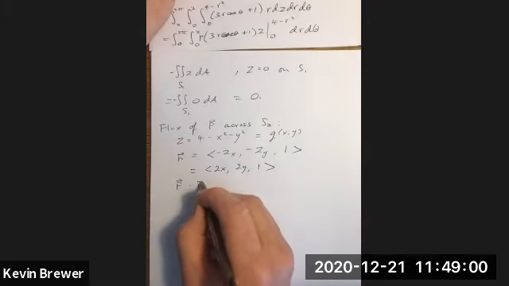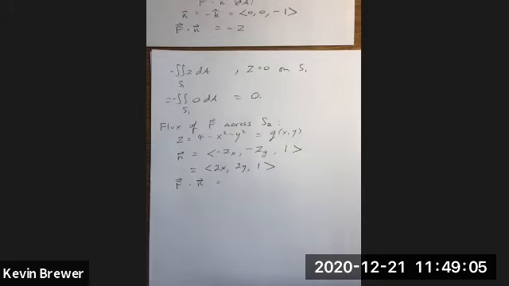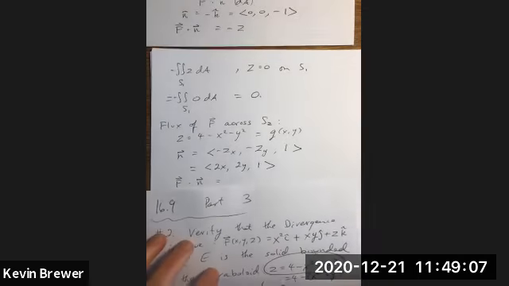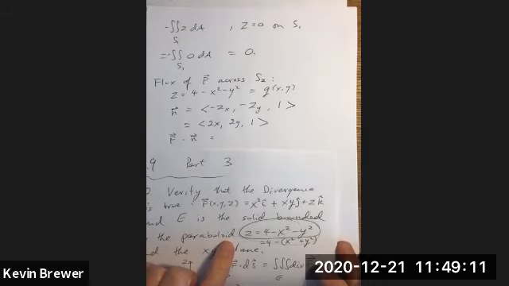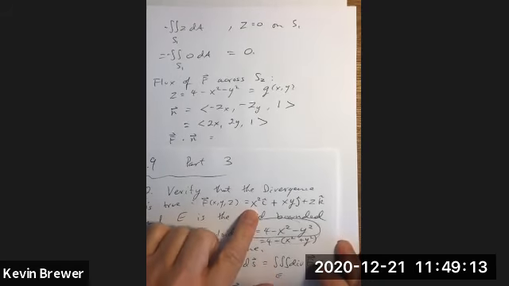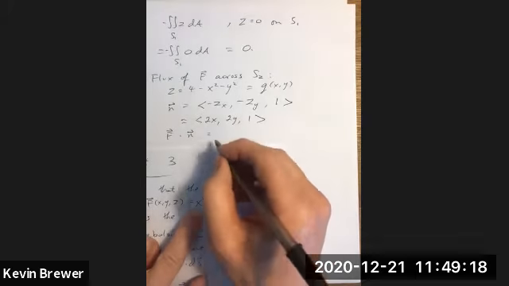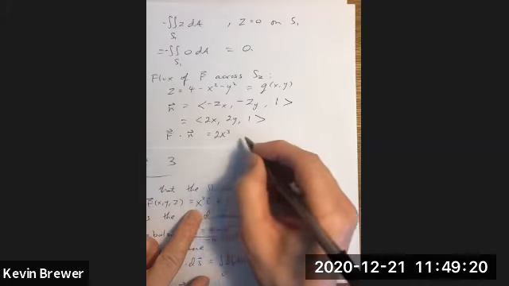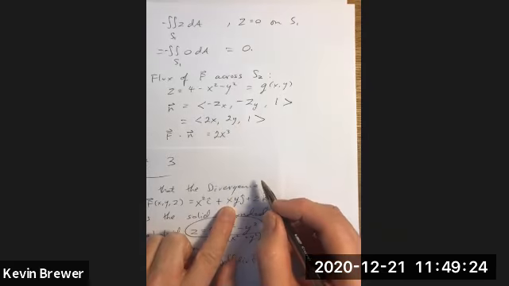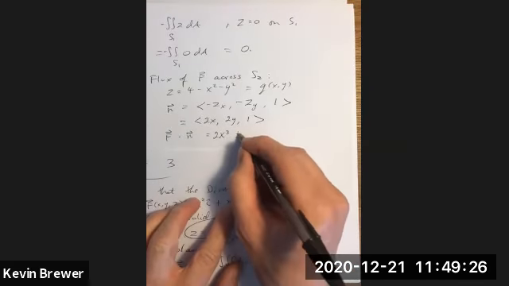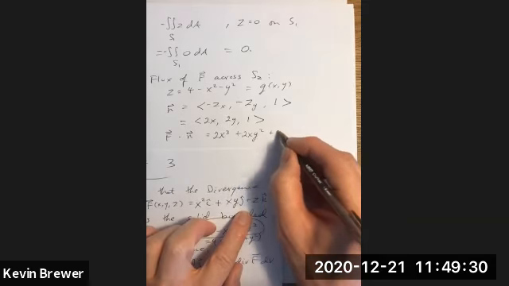And F dot N is, let's see here, F dot N is then 2x cubed plus 2xy squared plus z.